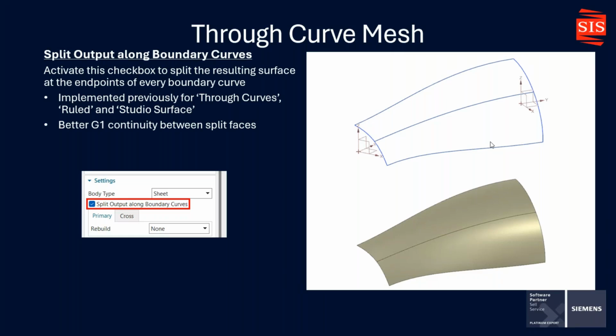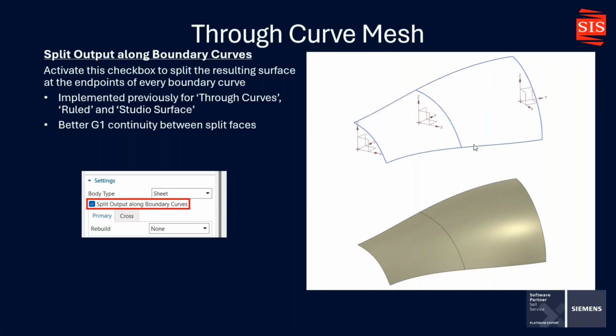In case you missed what this addition is, activating this option splits the resulting surface at the endpoints of every boundary curve, whether the curves are cross curves in that case or primary curves here. And this is going to provide better G1 continuity between the split faces. Again, this is just kind of getting everything on the same page with the other surfacing commands that had this option added previously.